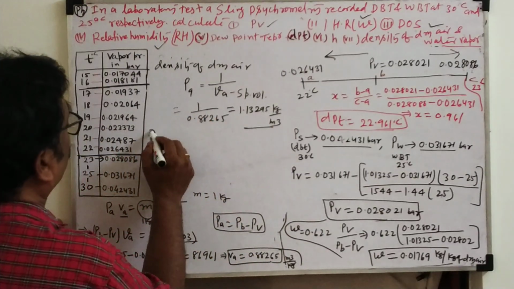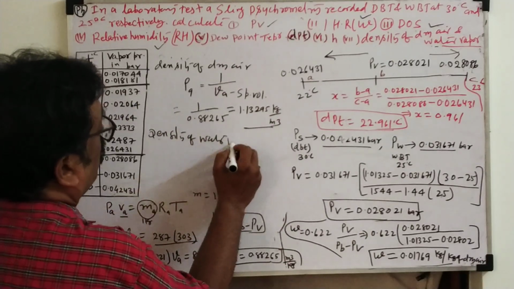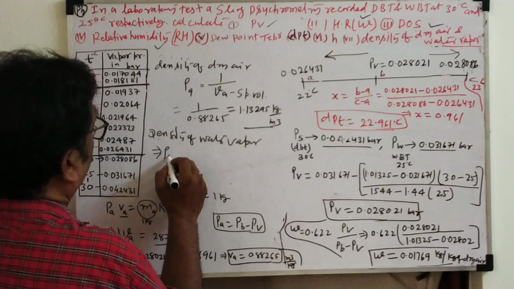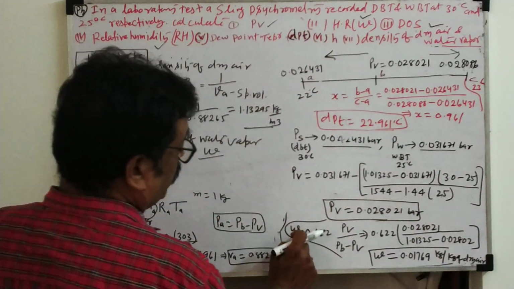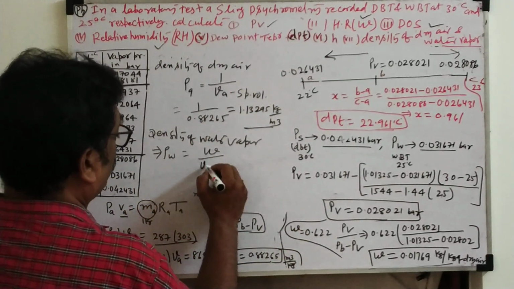Now to find the density of water vapor, this value I told you is the specific humidity divided by specific volume VA.